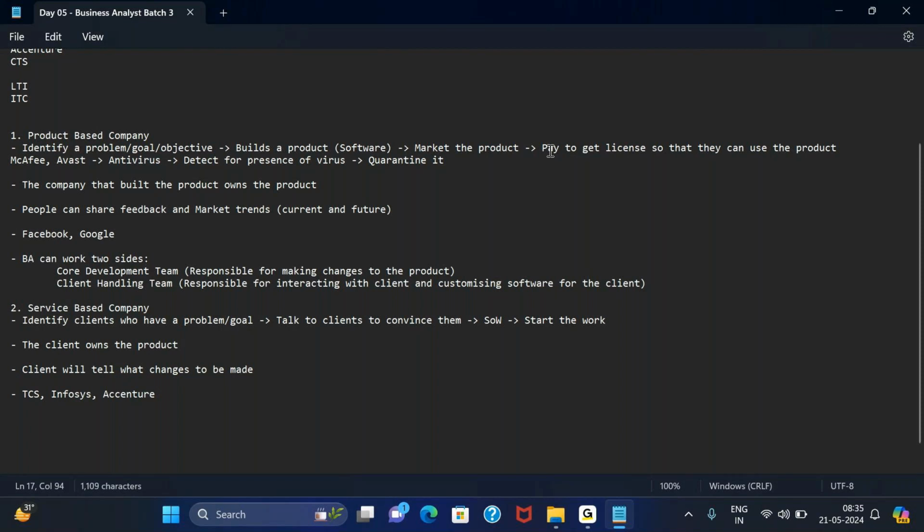So if someone comes to me and says, I want only antivirus, I don't want identity protection, I don't want safe browsing, I don't want anti-spam, I will take care of these things on my own, you just give me antivirus. So this client-facing team, or client handling team, will work with the client to understand their requirements and how we can customize the software for them.